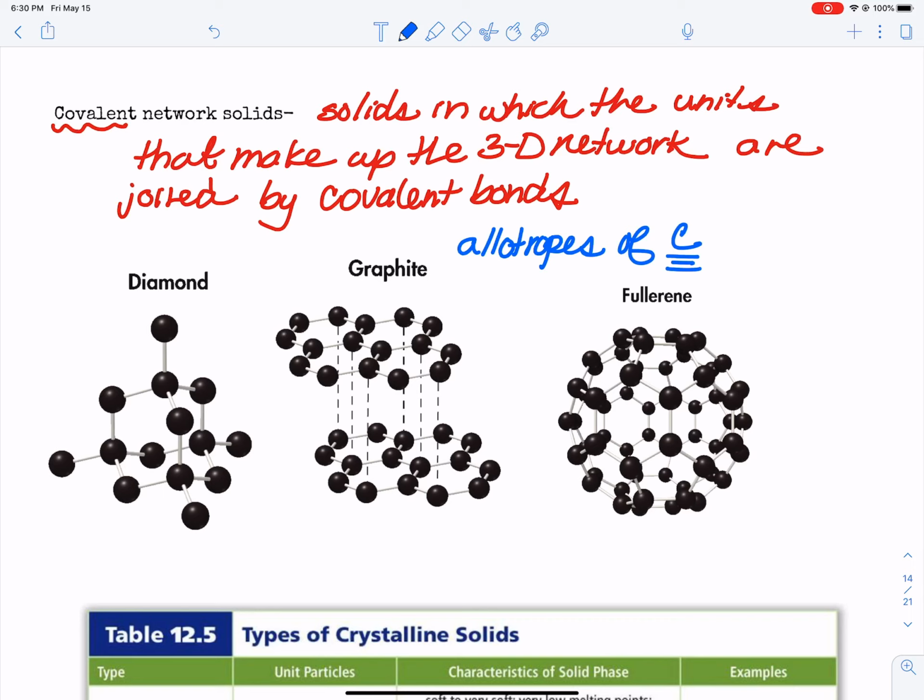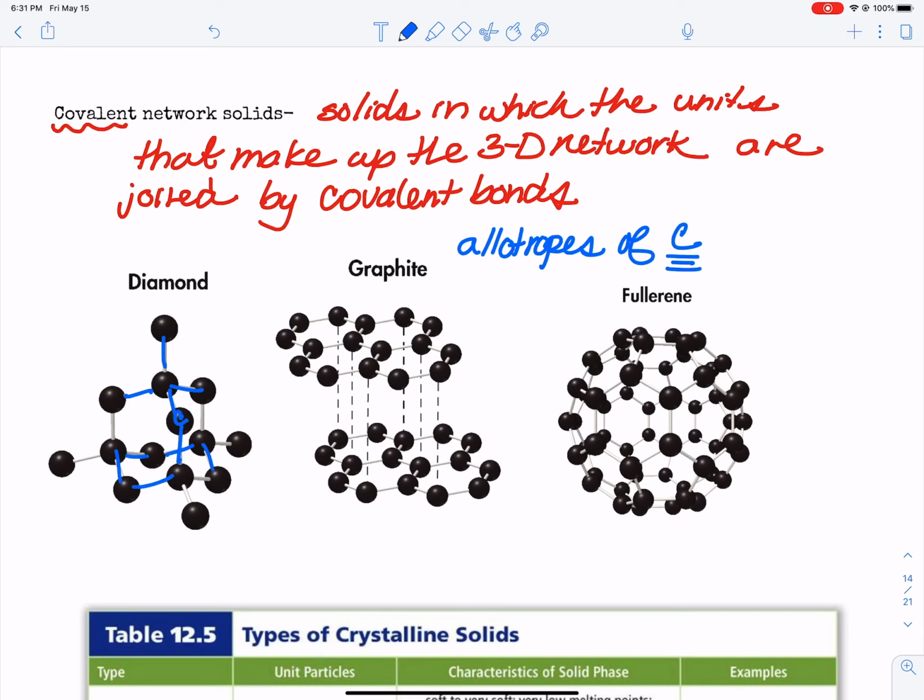So learning about, you know, what can we make a car out of that would make it strong but light, things like that. So diamond, all of these black circles are representing carbon atoms, and the white lines are all representing covalent bonds. If I look at that center carbon atom, it is bonded to 4 other carbon atoms, and take another carbon atom and it's going to be bonded too.